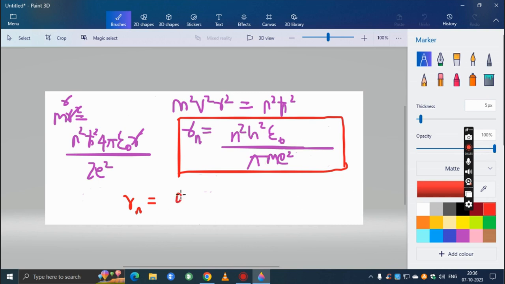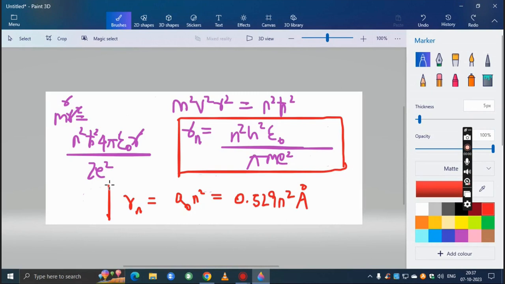Let me call that a naught, and I have n square. And what's the value of this a naught? It is 0.529, and we have n square. And what's the unit going to be? It's going to be angstroms, and you could always convert it into meters by multiplying it with 10 to the power of minus 10. So a naught is called the Bohr radius.